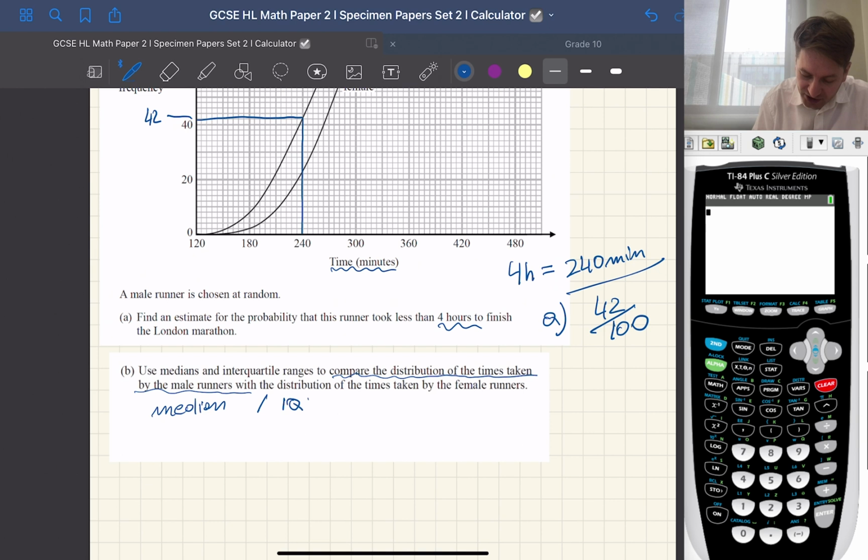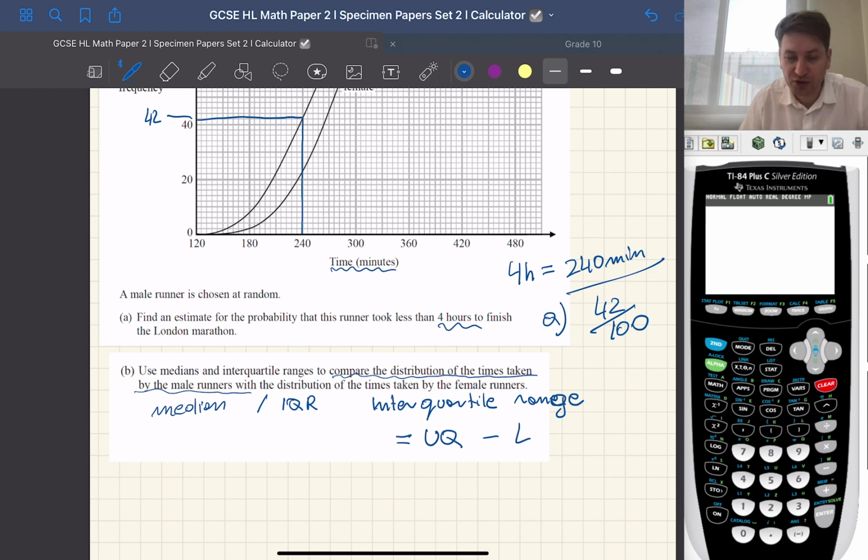interquartile range. Interquartile range is upper quartile minus lower quartile.